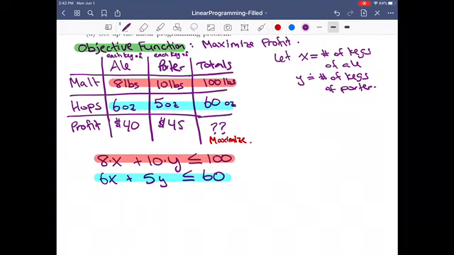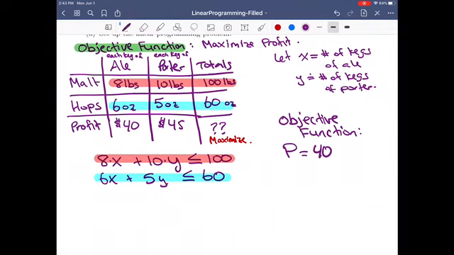When we add these up, we cannot be more than 60 ounces because that's all we have available. Then our objective function is going to be the profit, so let's call it P. For each keg of ale, we're going to make $40.